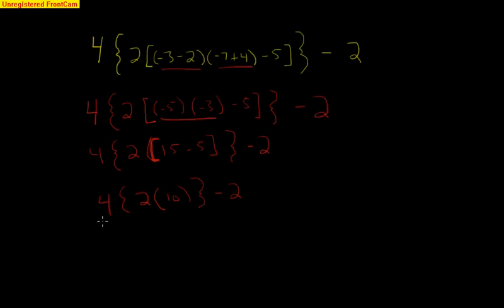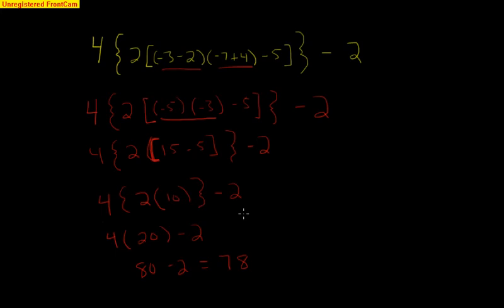So I'm going to just keep rewriting the 4. 4 times 2 times 10 is 20. Minus 2. 4 times 20 is 80. Minus 2 equals 78. So we worked our way from innermost to outermost.